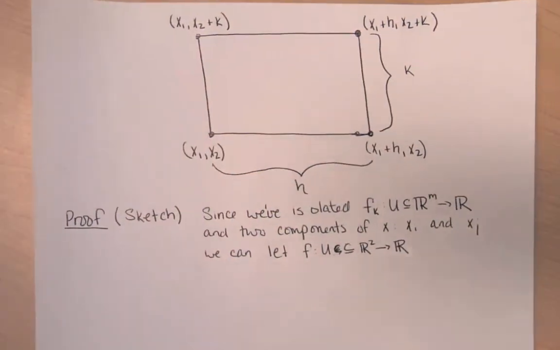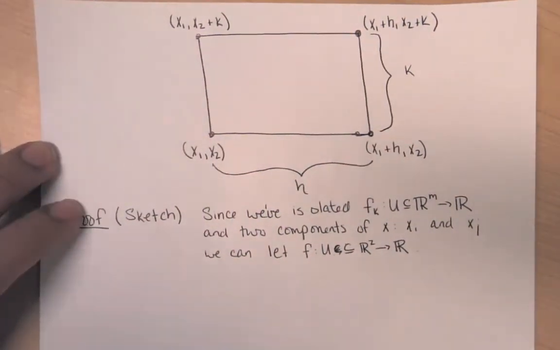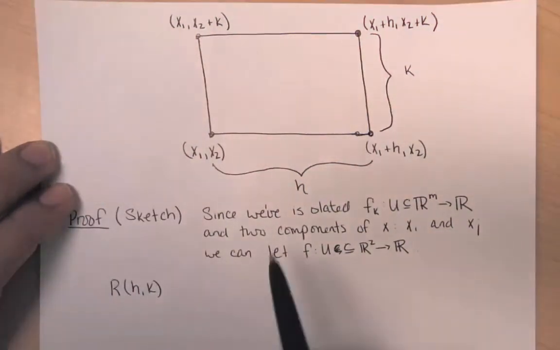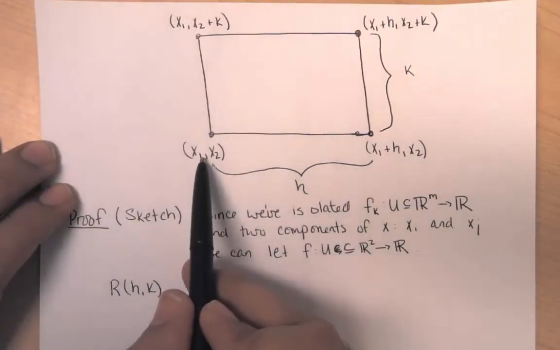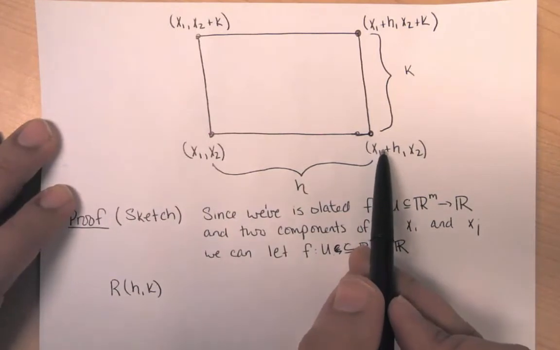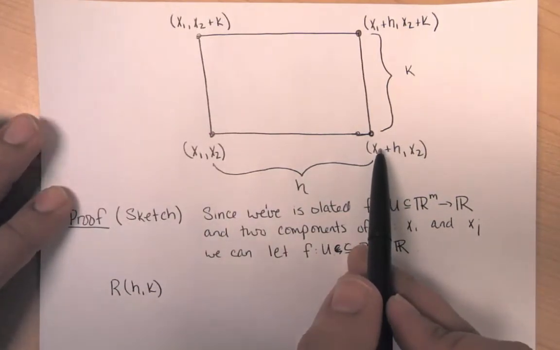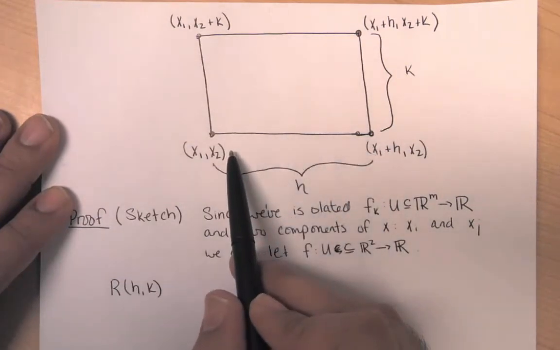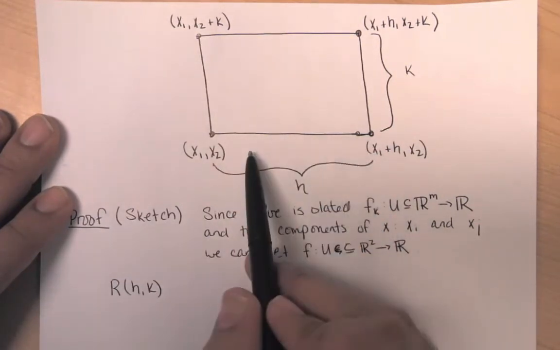So just to give an idea of how this would work, let's consider the function r of h, k. In my picture, I have x, and then I move in an h direction, which we should recognize from the definition of partial derivatives, that you're taking a difference in one direction.